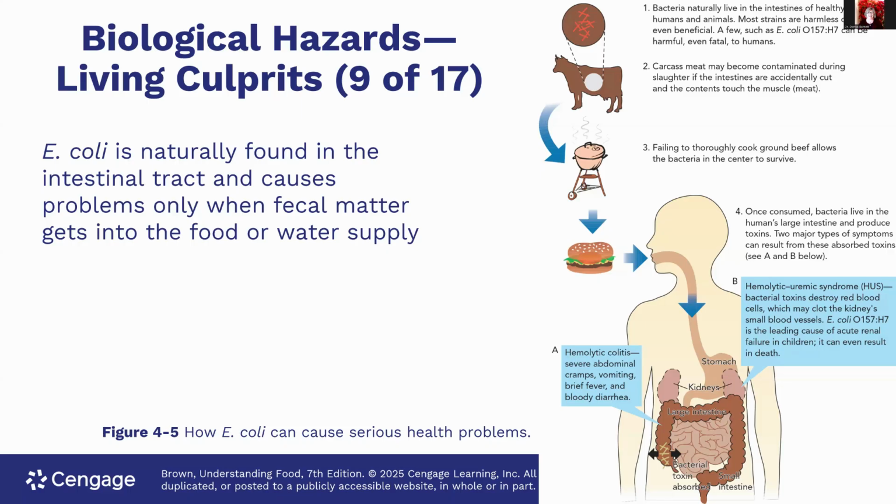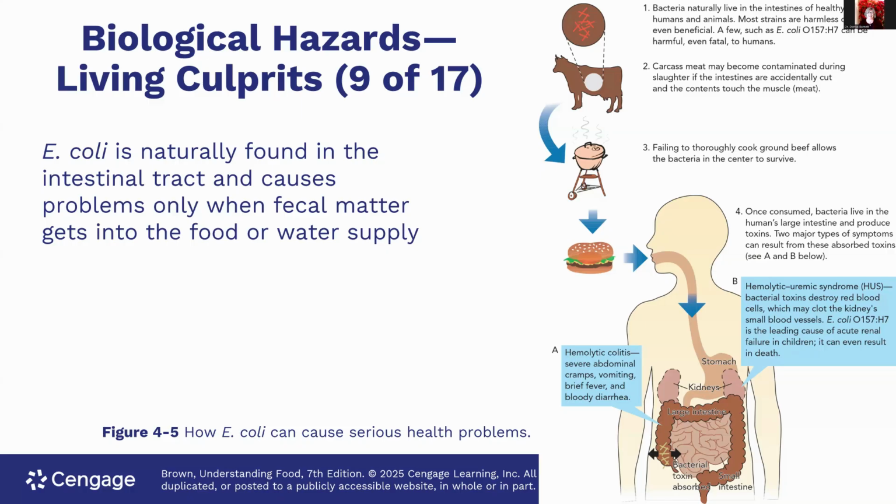Okay. So let's go back to our ground beef example. That's really problematic. So the person consumes the hamburger, let's say. The bacteria live then in the human's large intestine and produce toxins. Now you can have two types of symptoms, an example A and B. A would be hemolytic colitis, where we're having symptoms in the intestinal tract: severe abdominal cramps, vomiting, fever, bloody diarrhea.